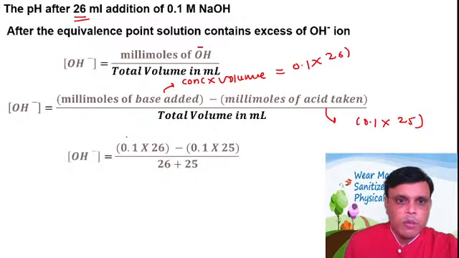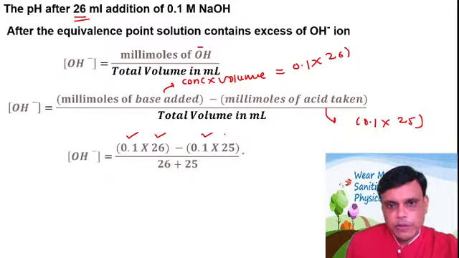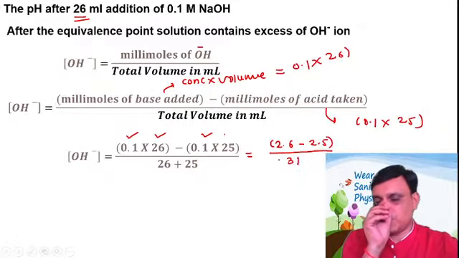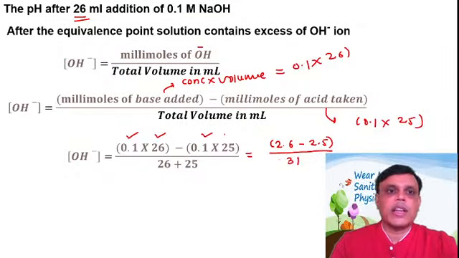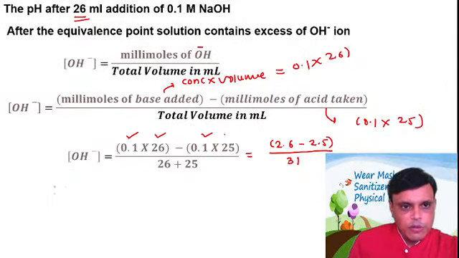So it will come 0.1 into 26 minus 0.1 into 25. तो ये कितना आ जाएगा? 2.6 minus 2.5 divided by 31.